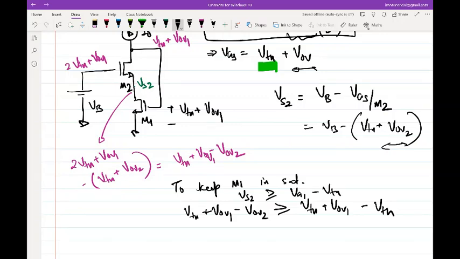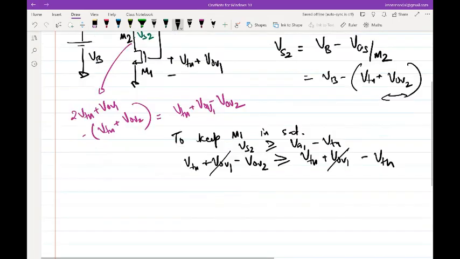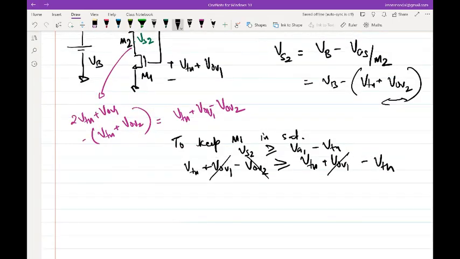That is the condition. So this goes. No, this doesn't go there. This goes. So all you have to ensure is that the overdrive of M2 is less than the threshold voltage.